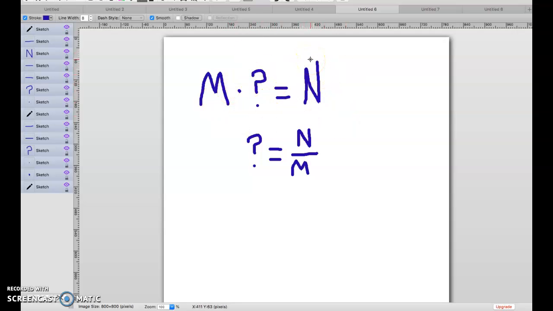If we want to get this unknown on its own, we divide both sides by Mercury. So what we want to know is basically Neptune divided by Mercury. You are just going to take the scientific notation for Neptune divided by the scientific notation for Mercury. That's all you really need to do in this problem.